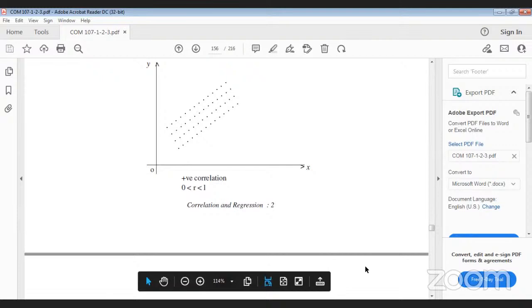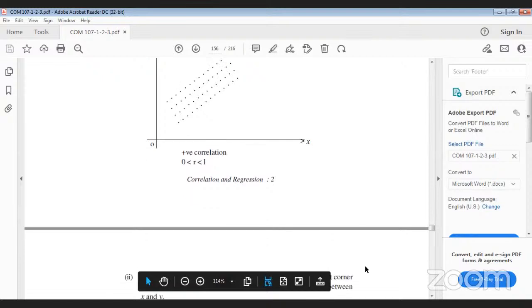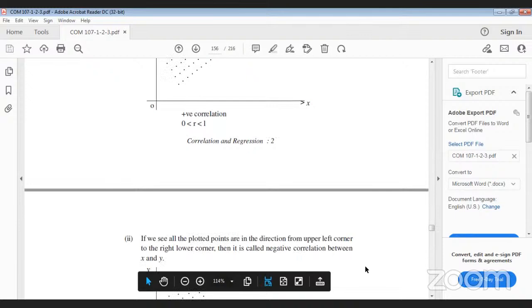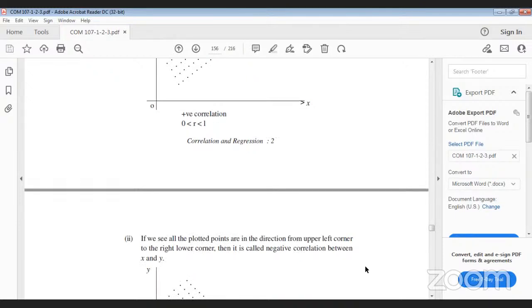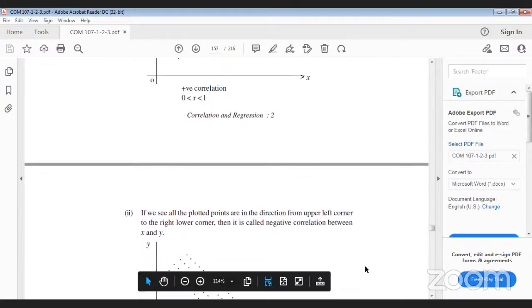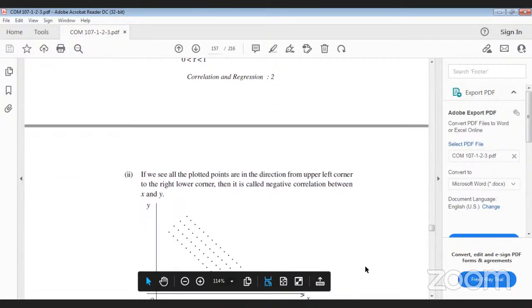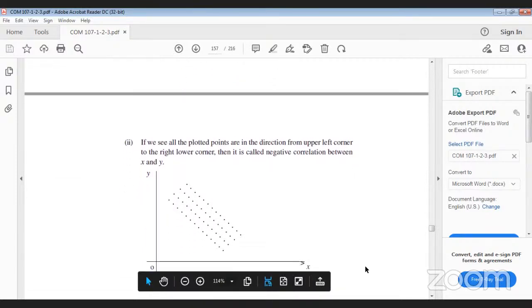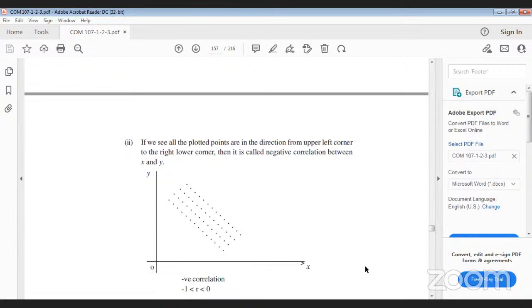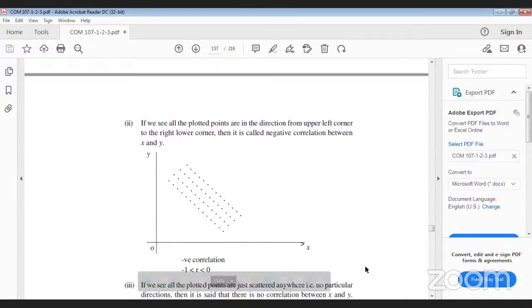Then second, if all the plotted points are in the direction from the upper left corner to the lower right corner, then it is called negative correlation between x and y. You will see that figure here, from the upper left corner to the lower right corner.